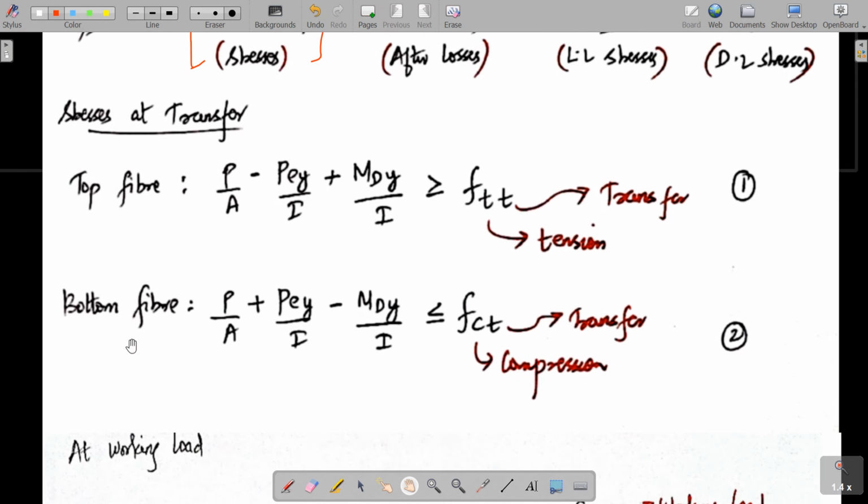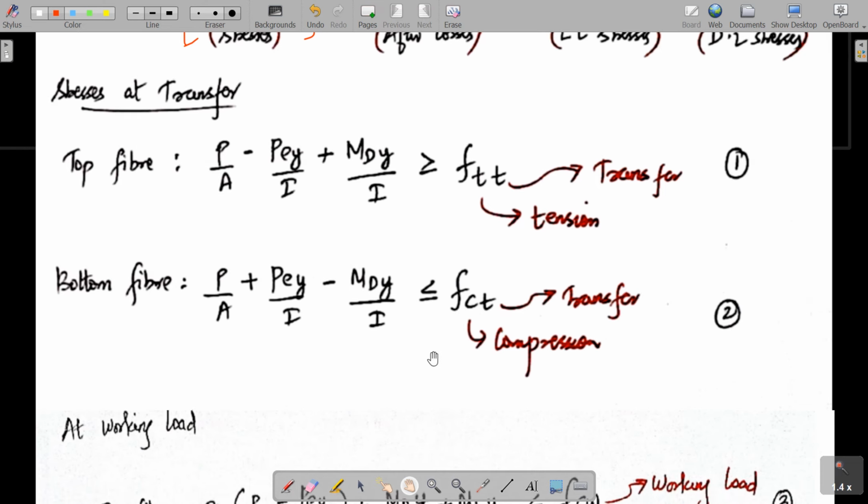Now at the bottom fiber, it should be P by A plus P into E into Y by I minus MD into Y by I, and it must be less than or equal to FCT, that is the permissible stress in compression at the time of transfer.